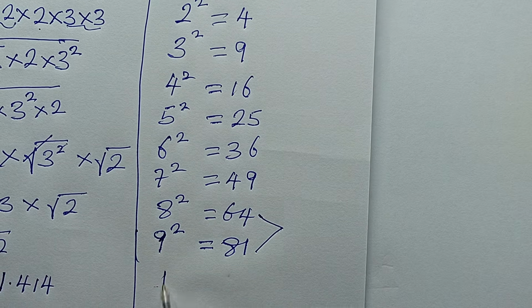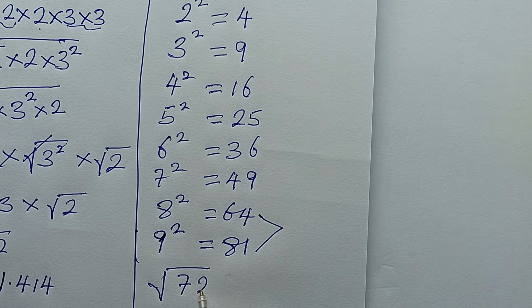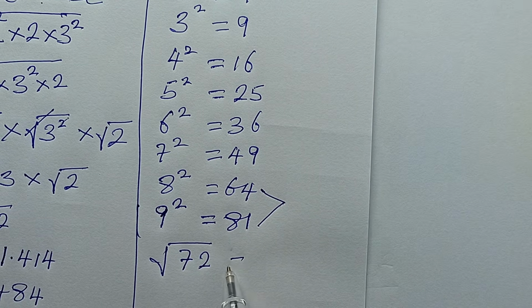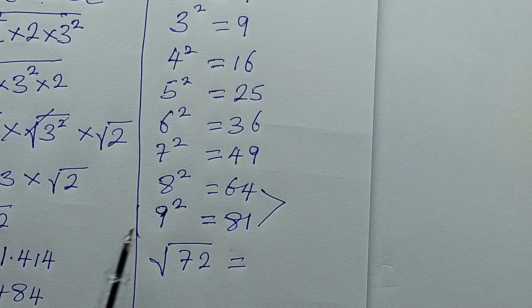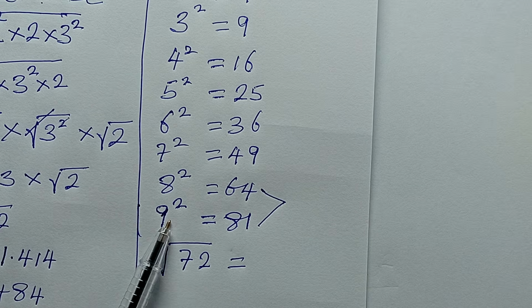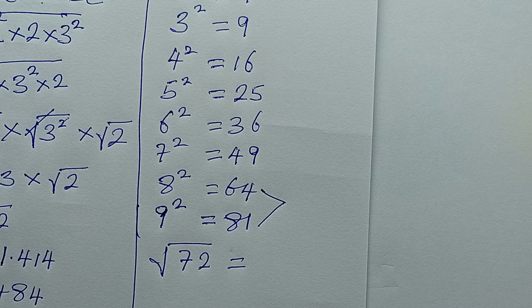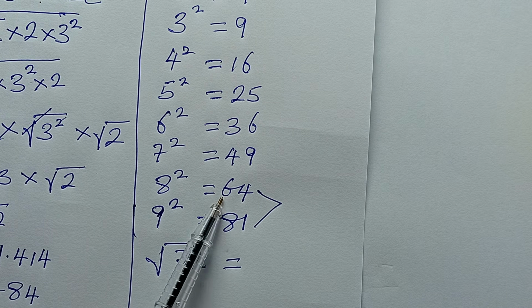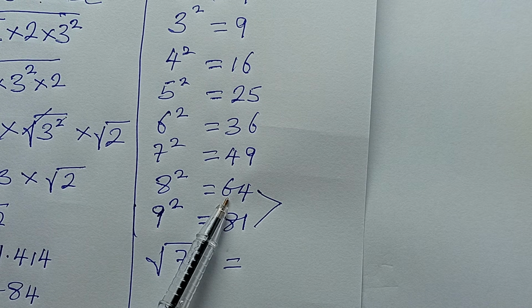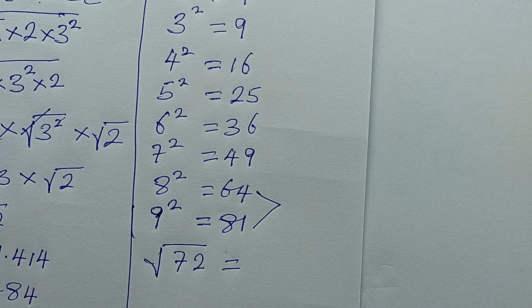And so our square root of 72 will now be equal to, since we said the figure is between 8 and 9, and 8 here is far closer to it. So what we do here is this.